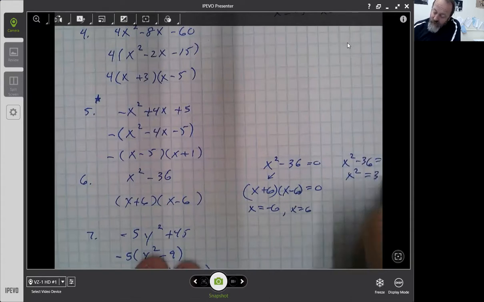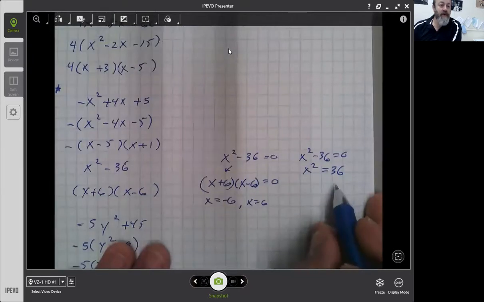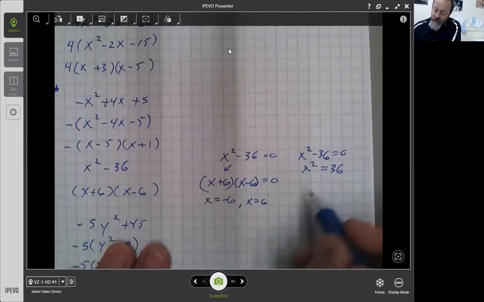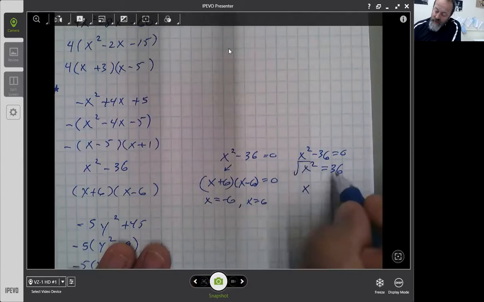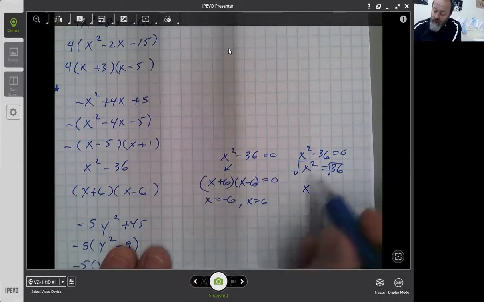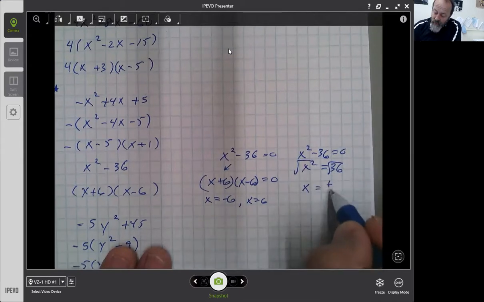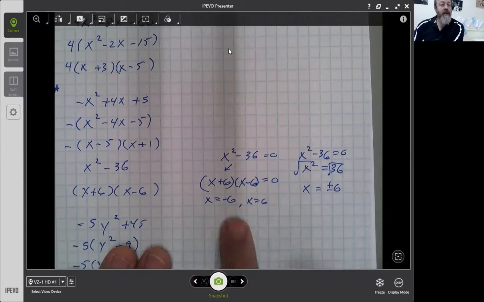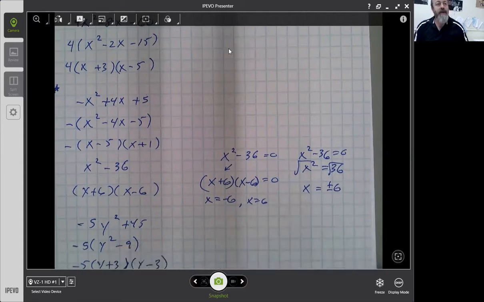If you move the 36 across, if you took the square root of both sides, one of the interesting things in math is if you ever take the square root of both sides, that leads us to getting a plus or minus. And so you'll see that we have exactly the same answers in both instances. That's the end of my story.